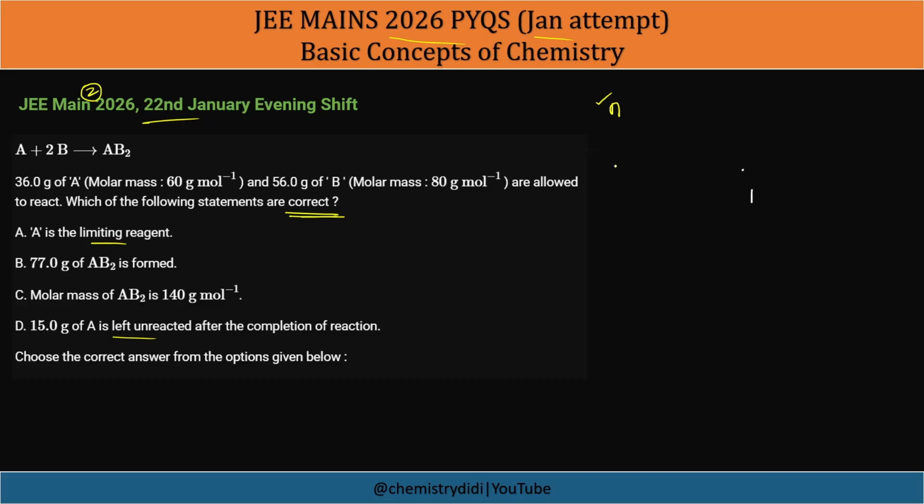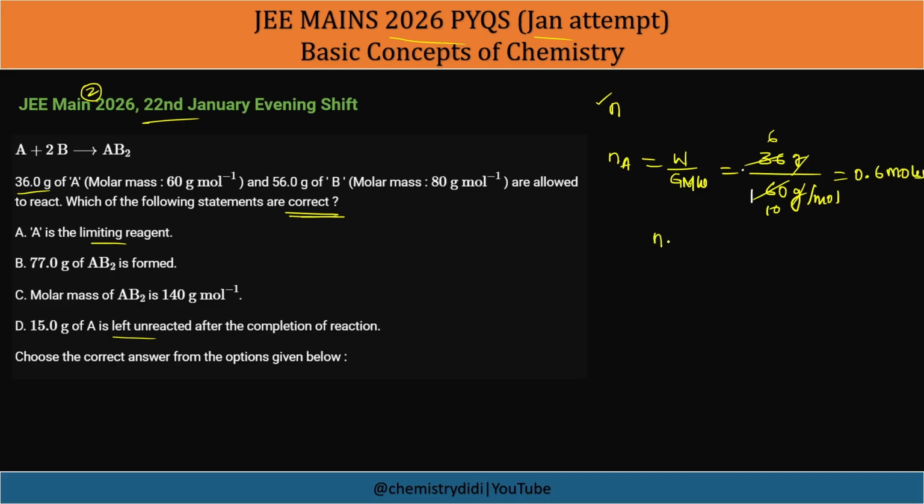First, let's solve for the number of moles of A, which is weight by gram molecular weight. They have given both in the question itself: 36 grams, and molar mass 60 gram per mole, right? Here you can cancel in the 6 table: 6 sixes are 36, so 6 tens, which is 0.6 moles.